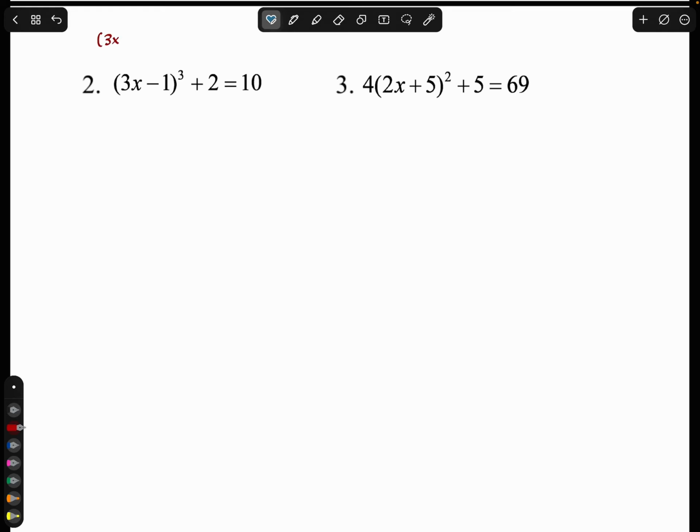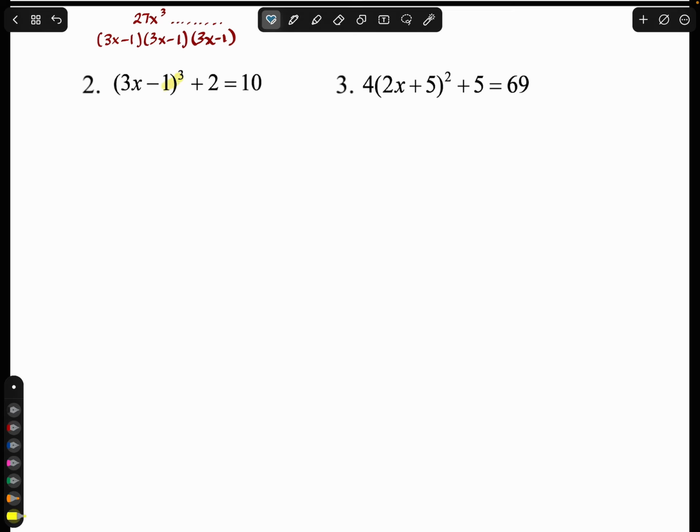The reason I want to do that: if I expanded it out, if I did 3x minus 1 times 3x minus 1 times 3x minus 1, I'm going to end up with a 27x to the third, and it could be plus or minus something. It's going to be a longer polynomial that we have to deal with, and I don't know that we're all completely ready for that. So let's try this by undoing it first.